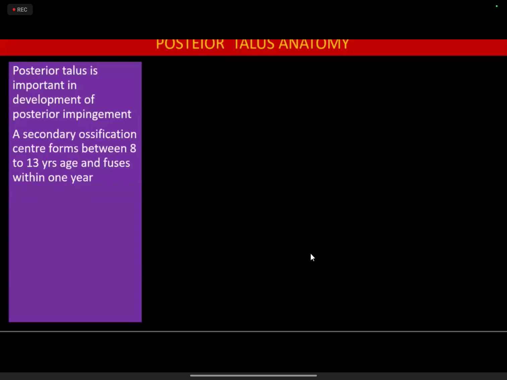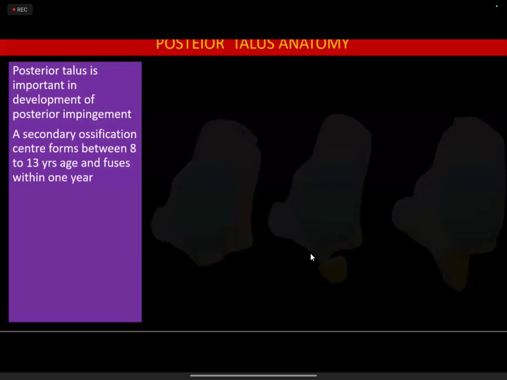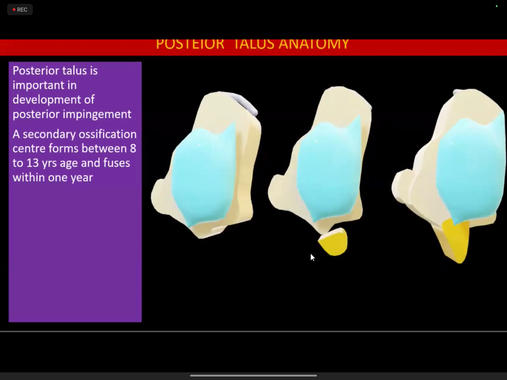Before talking about posterior impingement, a word about the posterior talus anatomy. It is important in the development of posterior impingement. So some anomalies which can cause posterior impingement include, what classically has been described, that a secondary ossification center forms between 8 to 13 years, and it fuses with the posterior process of the talus within 1 year.